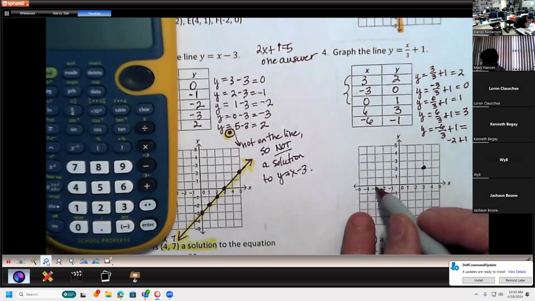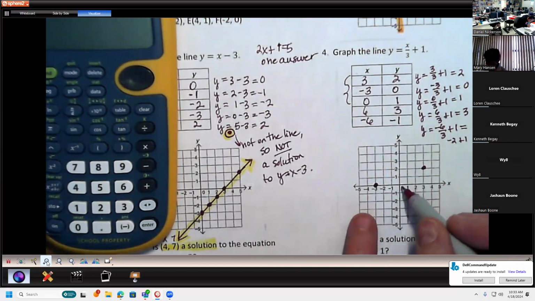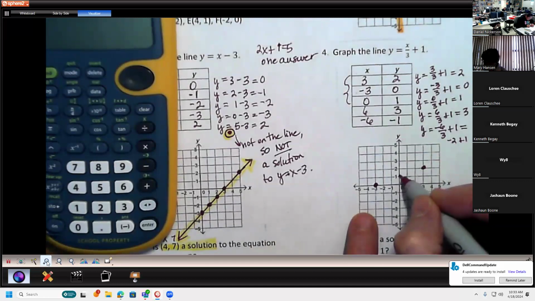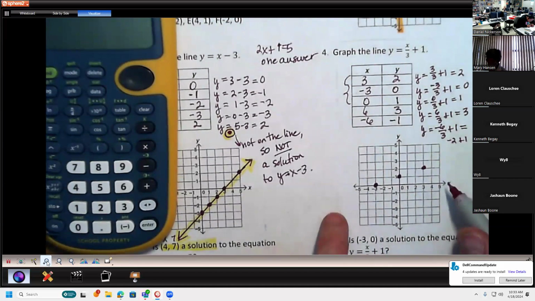I go to the left 3 and up and down 0. 0, 1 says go left and right 0 and just go up 1. And you can see, look, my 3 points are forming a line. Okay, I can line those up on my ruler.